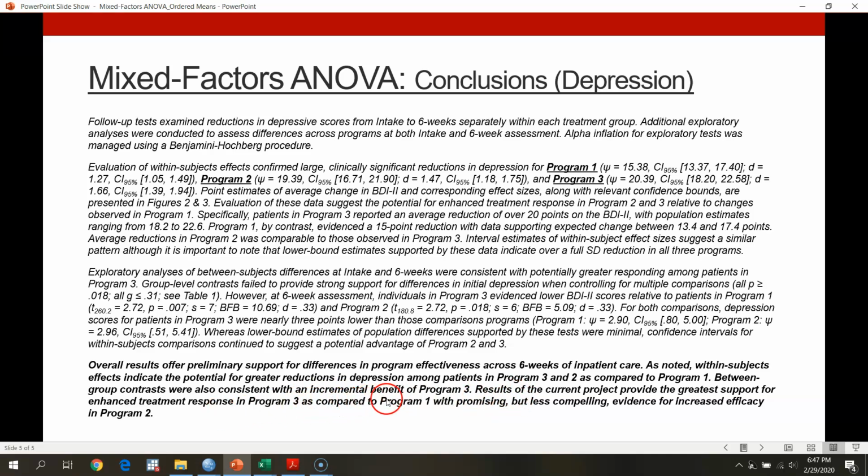So some incremental benefit for our between subjects contrast. Together, this has greatest support for enhanced response in 3 relative to program 1, but somewhat less compelling for 2. We've gone through and ran a lot of stuff, and just wanted to make sure that we're tying it all together in a way that makes some sense.